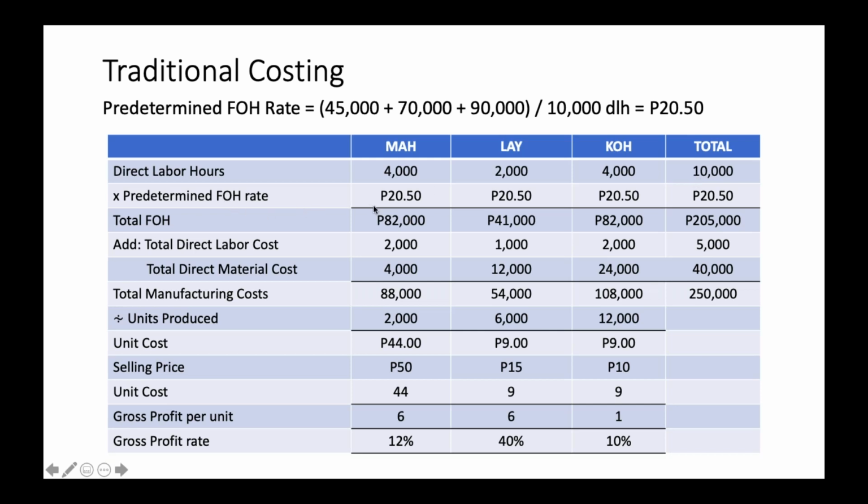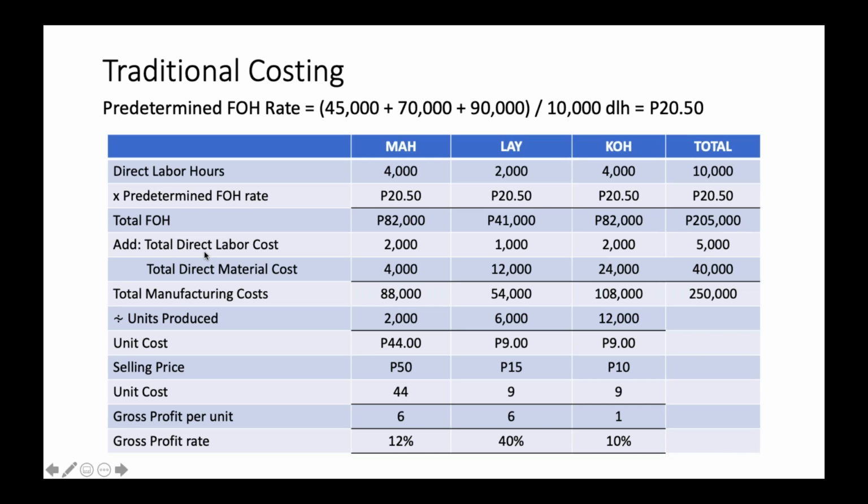Multiplied by the computed factory overhead rate, 20 pesos and 50 cents. So the total FOH for Ma is 82,000, for Lai is 41,000, for Ko is 82,000. Total of 205,000. So we did not miss anything from our total factory overhead.